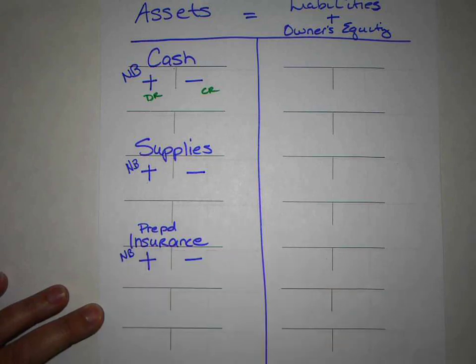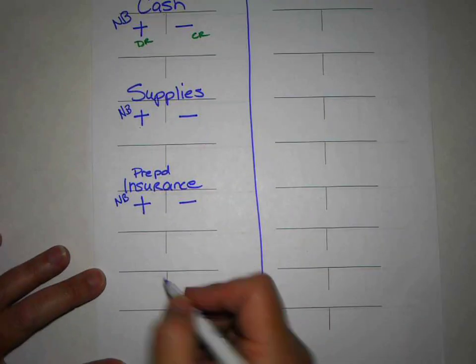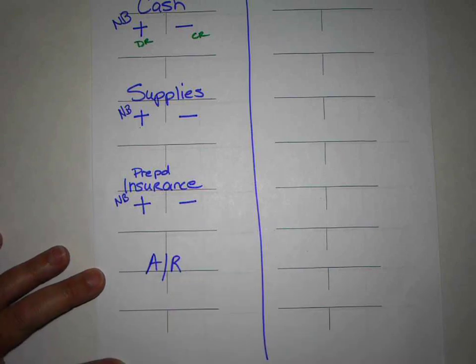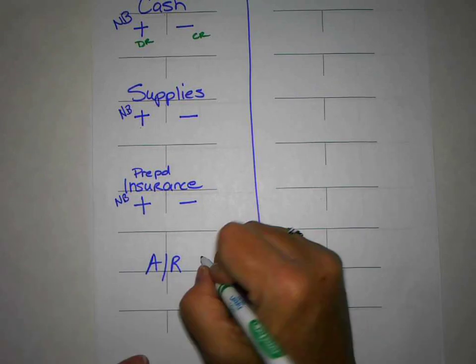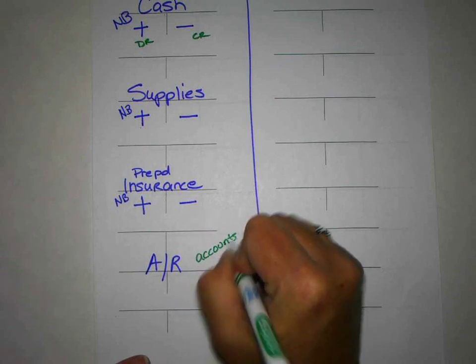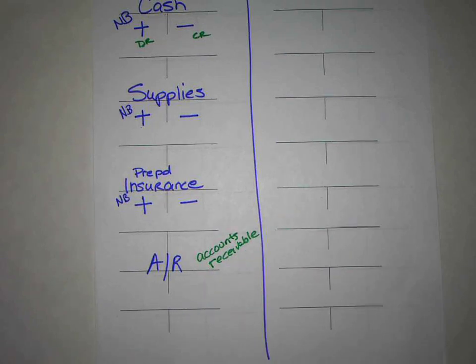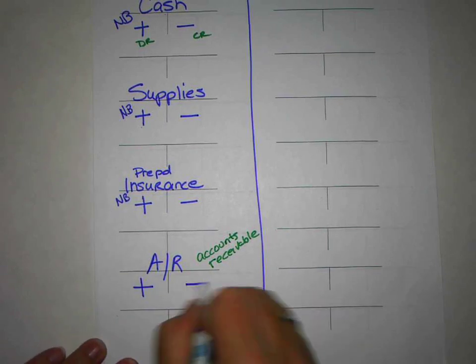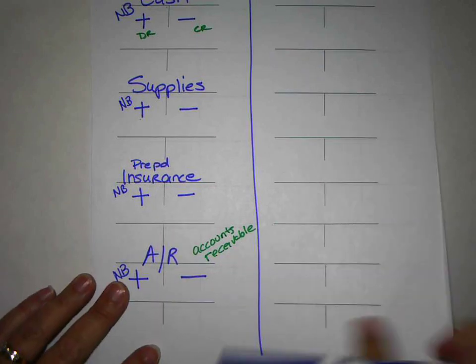Increase on the debit side, decrease on the credit side. Okay, and again, the last one that we have used is accounts receivable. Okay, and I am good with you abbreviating it like this, A/R. Okay, you need to make a note that this is accounts receivable. Okay, again, plus, debit, credit, increasing side is the normal balance side. Okay, again, this can be a cheat sheet for you as you're going through some of these transactions.